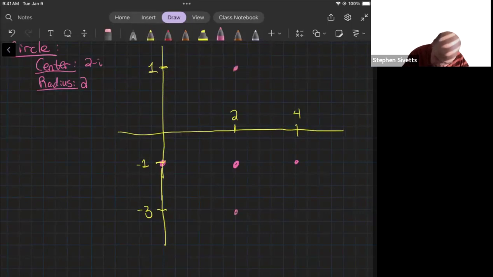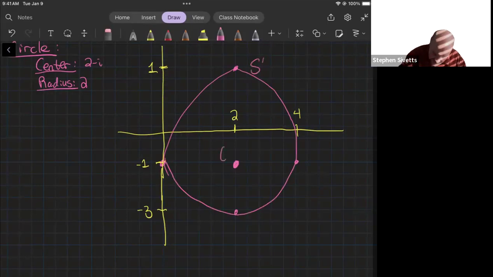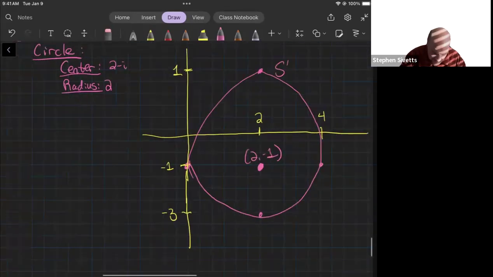This point will be down here. So this is the circle S prime, and that's the center, 2 minus I.